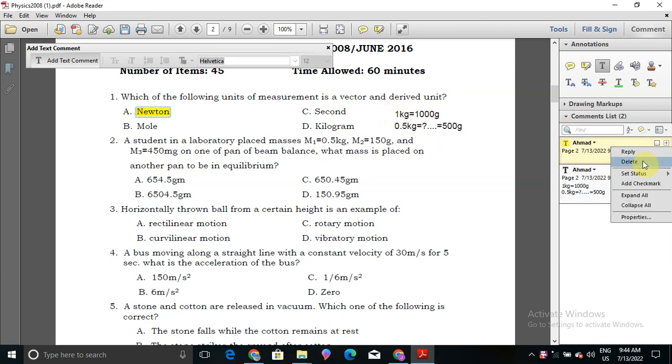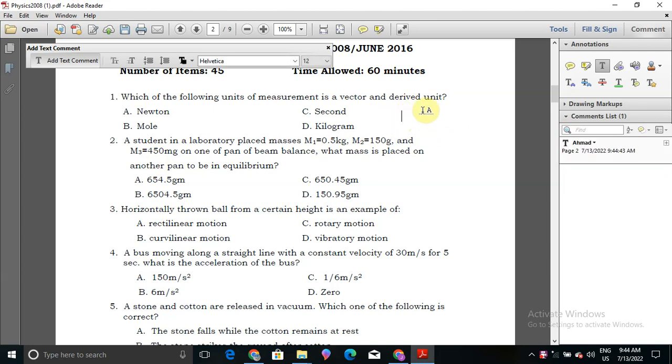For example, 1 milligram is equal to 0.001 gram.